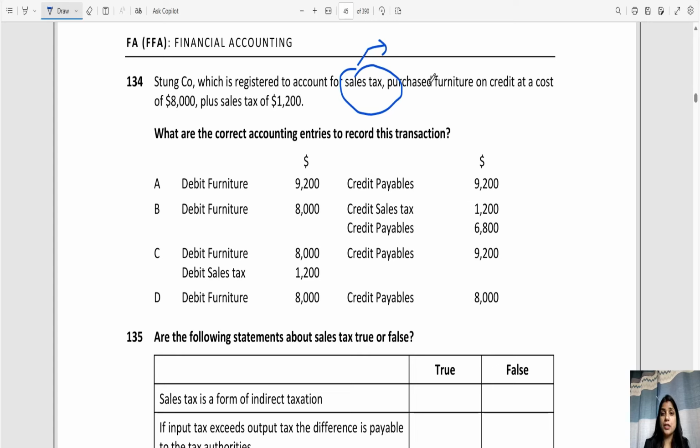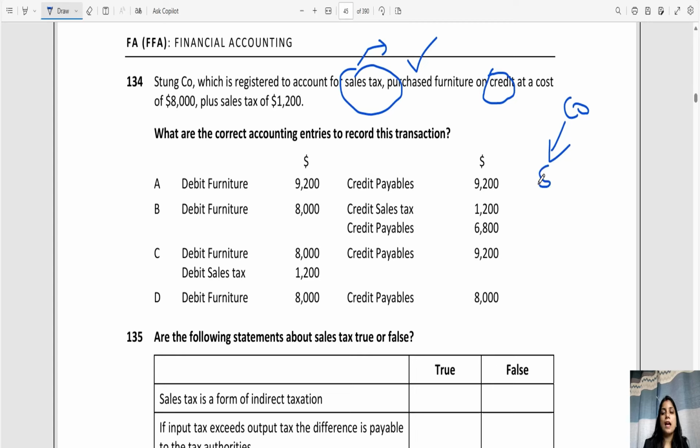And purchase a furniture on credit. Listen to the word credit. Here they have purchased the furniture on credit, at a cost of $8,000 plus sales tax of 1,200. So basically there is one company called Stung, and the company is registered for the VAT, or you can say for the sales tax.